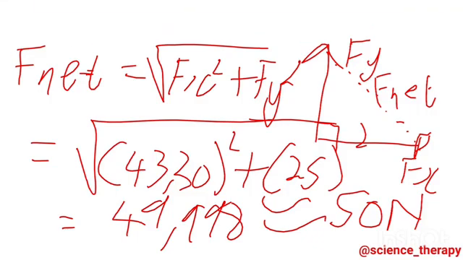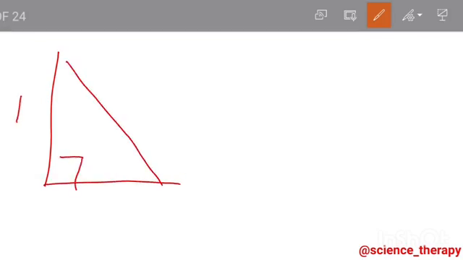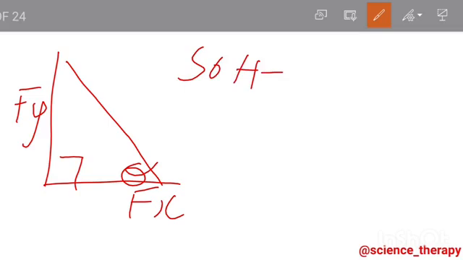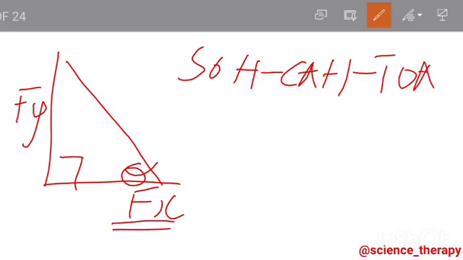How are we going to get the direction? So remember, now you have your right angle triangle like this. That's your Fy, that's your Fx. So if we put our angle here, now you can see the trig ratio that we have to use. What do we have here is the adjacent side, and what do we have here is the opposite side.